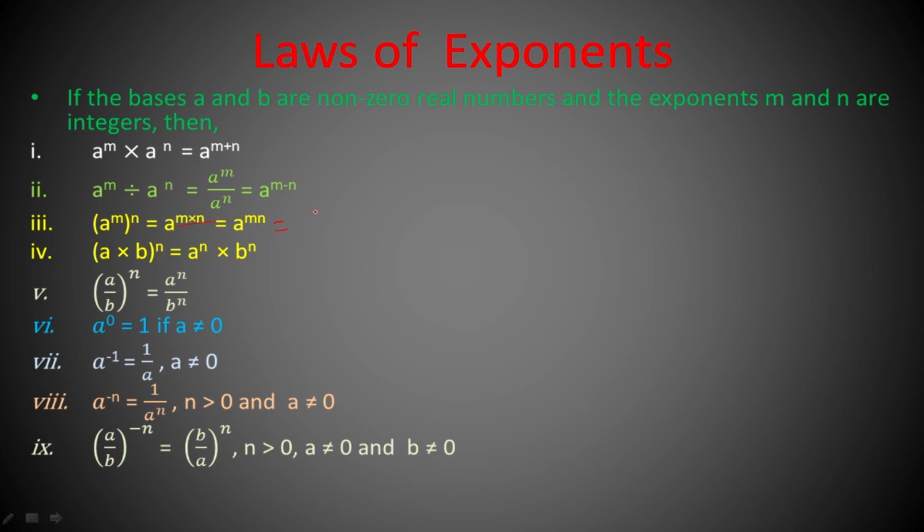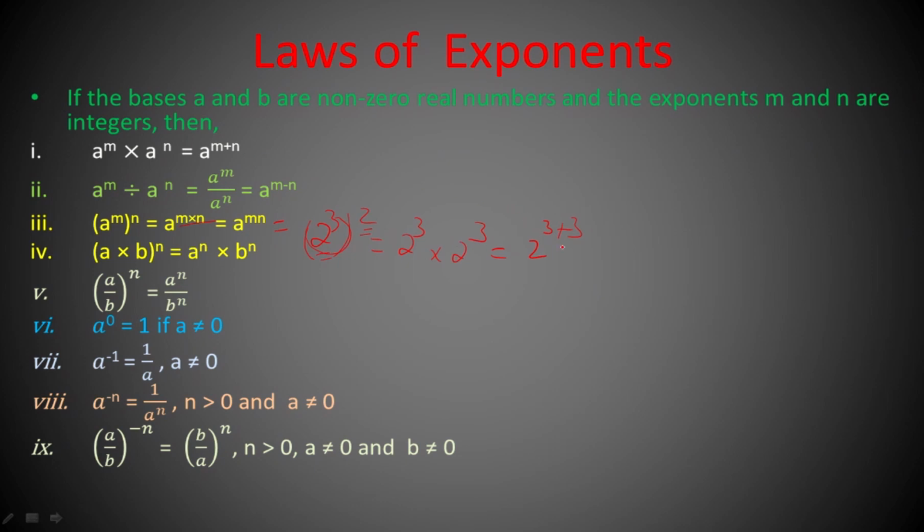For example, 2 to the power of 3, the whole to the power of 2, means 2 to the power of 3 times 2 to the power of 3. Here the base is 2 to the power of 3 and the external exponent is 2, so it can be written as 2 to the power of 3 plus 3 by using this rule.